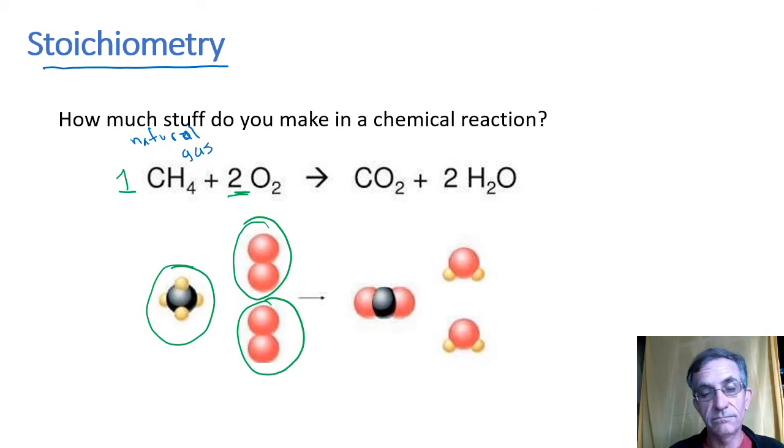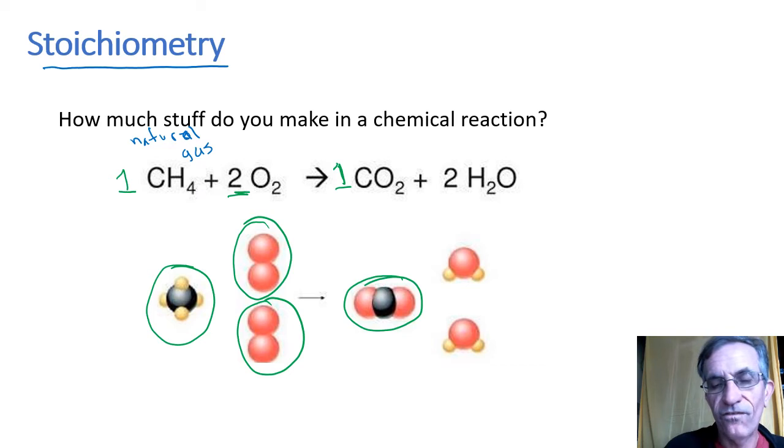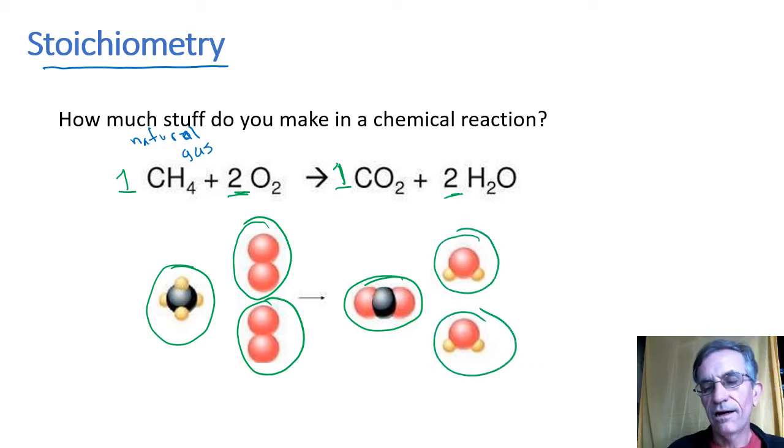Those are my 2 oxygen molecules. We're going to form 1 molecule of carbon dioxide, and we're going to form 2 molecules of water. So the coefficients tell me the ratio of how much stuff is involved in this reaction. If I burn one of these, I get 1 carbon dioxide, and I get 2 water molecules created.